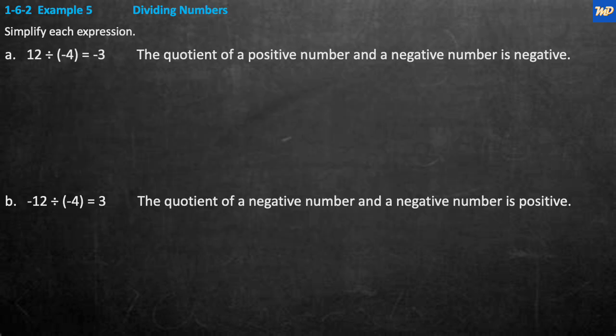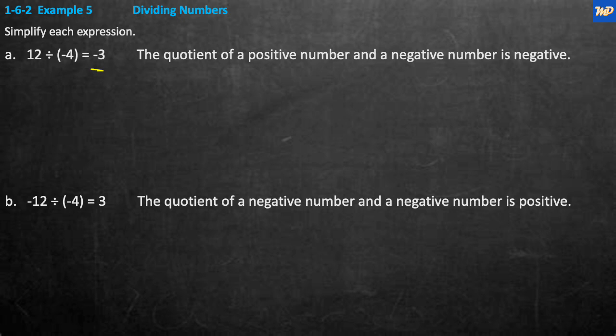So here we go. Example 5, dividing numbers. Simplify each expression. Problem A: 12 divided by the quantity negative 4 is equal to negative 3. 12 divided by 4 is 3, and there's one negative sign in there. It's a negative 3. The quotient of a positive number and a negative number is negative.